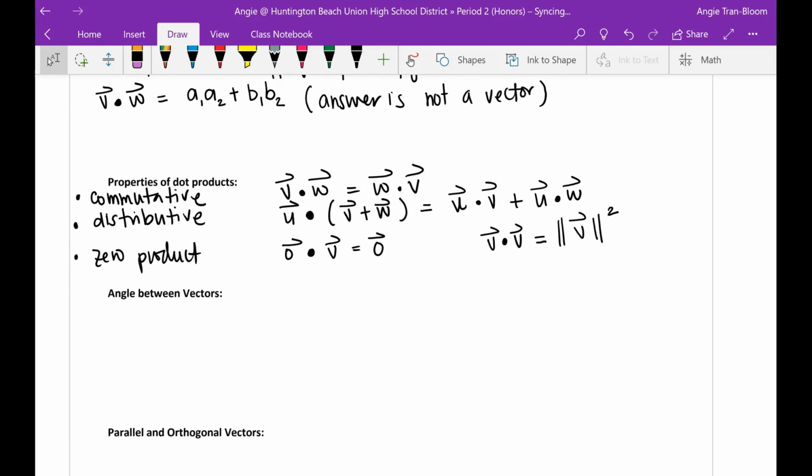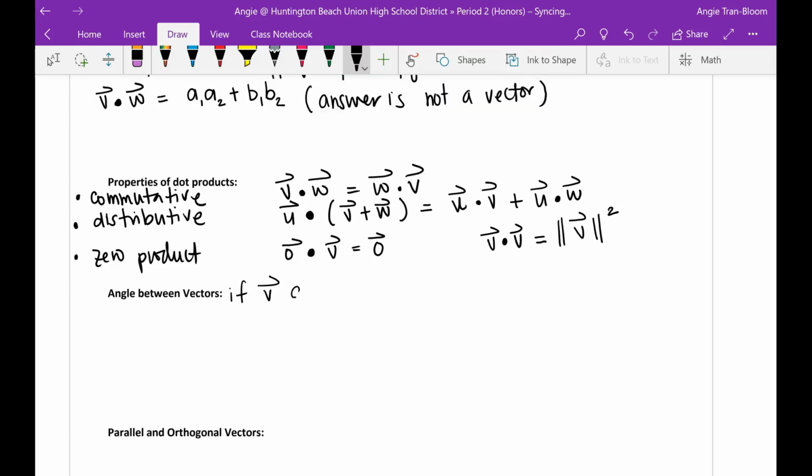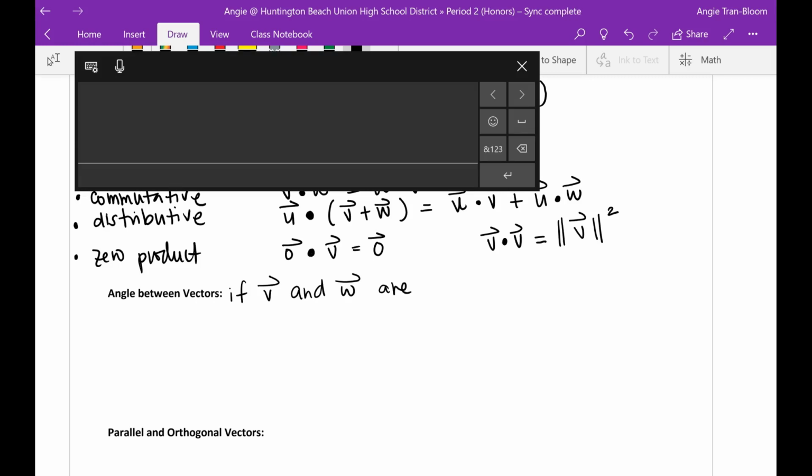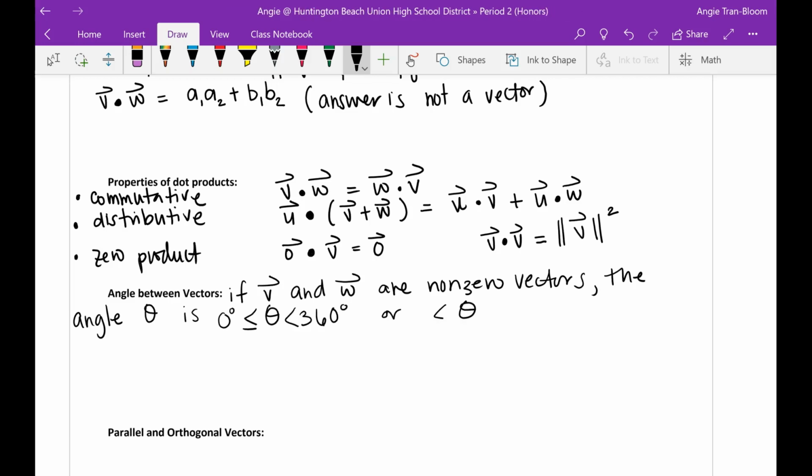Okay, angle between the vectors. So if vector v and vector w are non-zero vectors, the angle, let's call it theta, and restriction for theta again is between 0 degrees and 360 degrees, or if we are talking about radians, we can also do between 0 and 2 pi, okay?